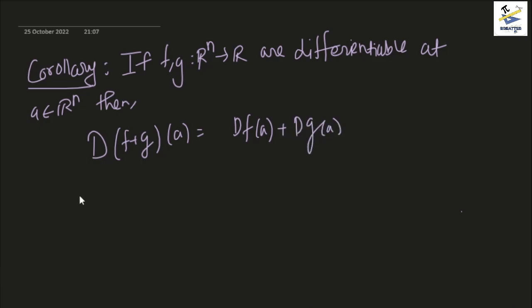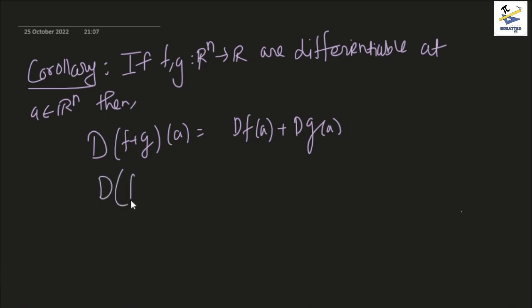It proves that differentiation is also a linear operator, as we already know that differentiation itself is a linear operator, because as we have seen before, the derivative of a multidimensional function is basically a linear transformation, and that is how we find the answer, right?